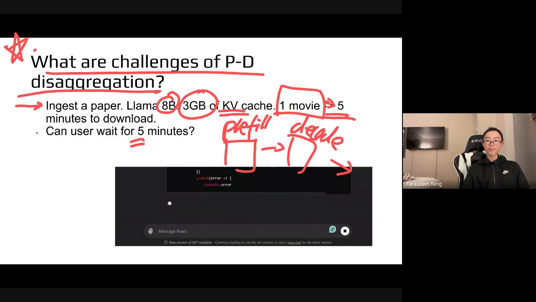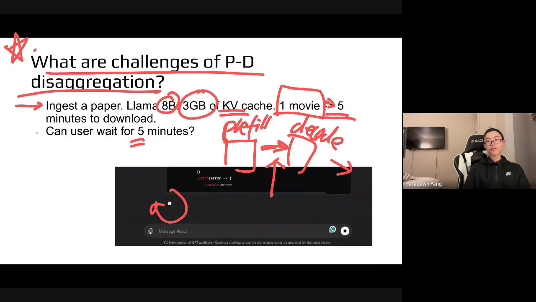Can you wait for 5 minutes for that? Probably not. In GPT, if you see that it waits a lot, then it means there's some problem with their PD disaggregation. And it's probably due to this transfer of KV cache.